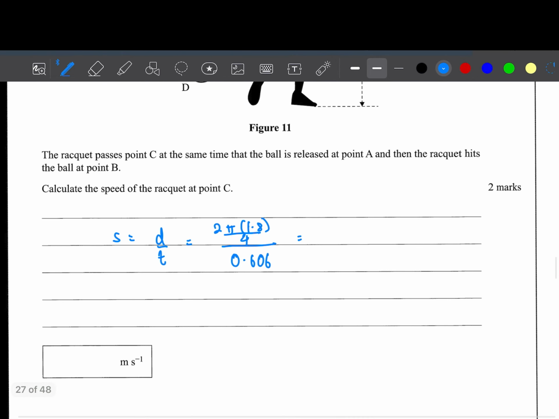So I will get 4.67, not 10 to the power of anything. Cool. So 4.67 meters a second.